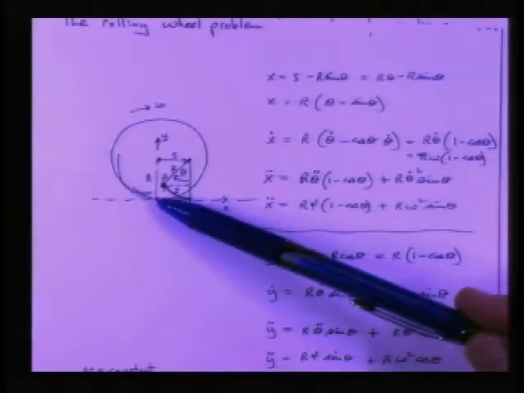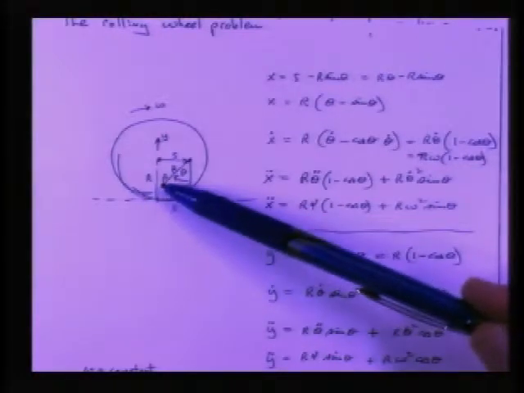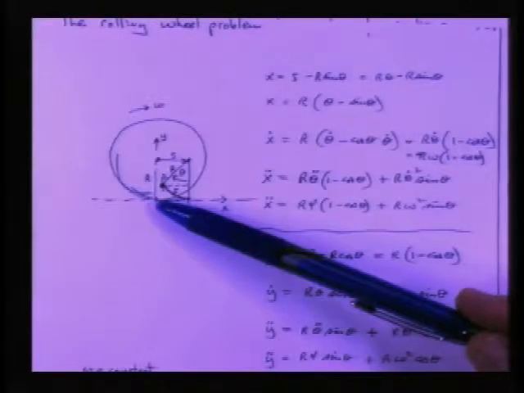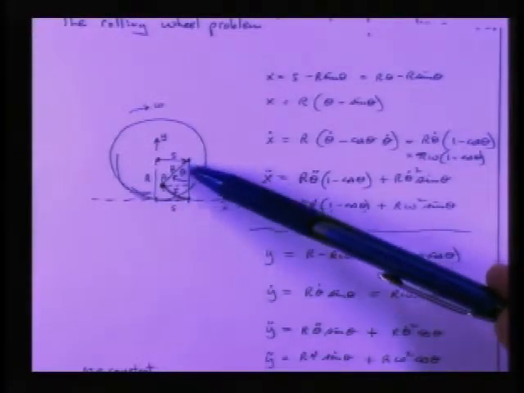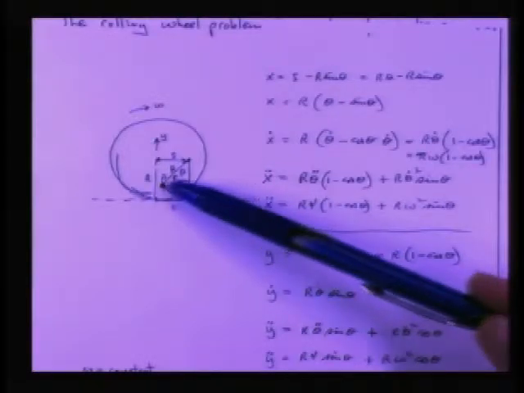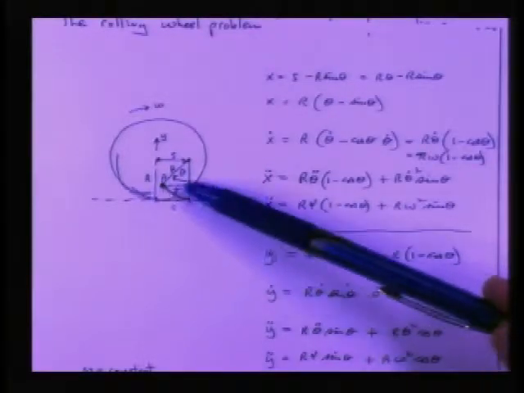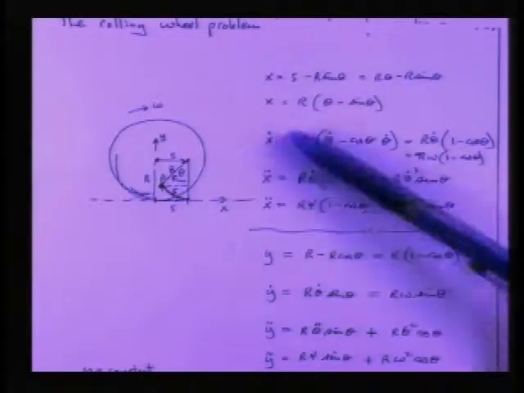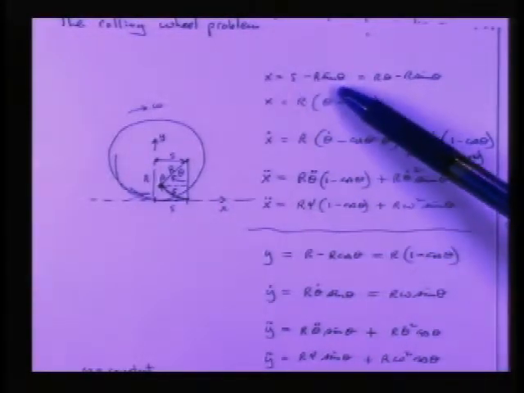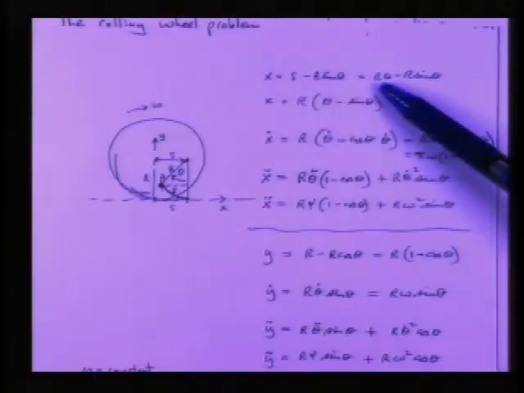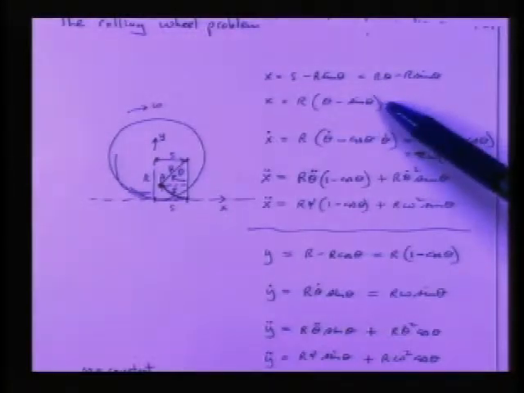As I said last class session, the x distance to get to point P from here is S, to get you over here, and then you're going to back up r times the sine of theta. So that's where we get this expression, S minus r sine theta, but S is r theta, and then we clean that up and factor it, and here it is.